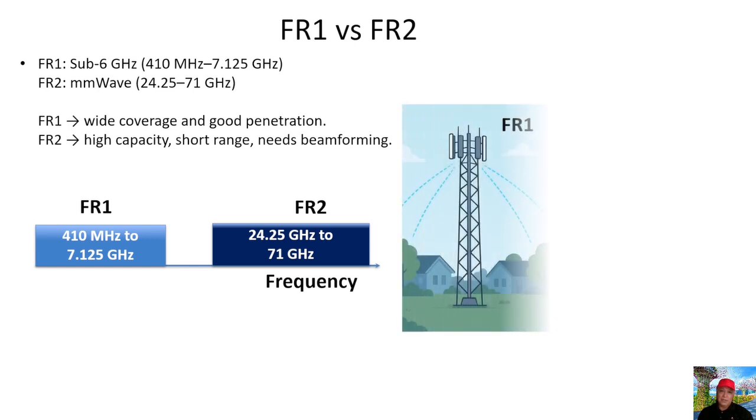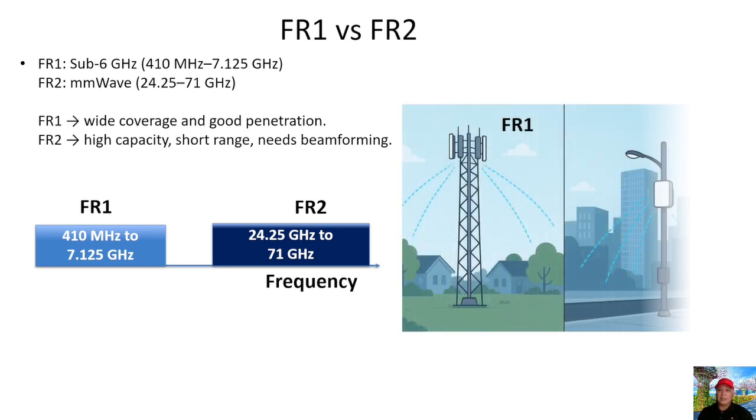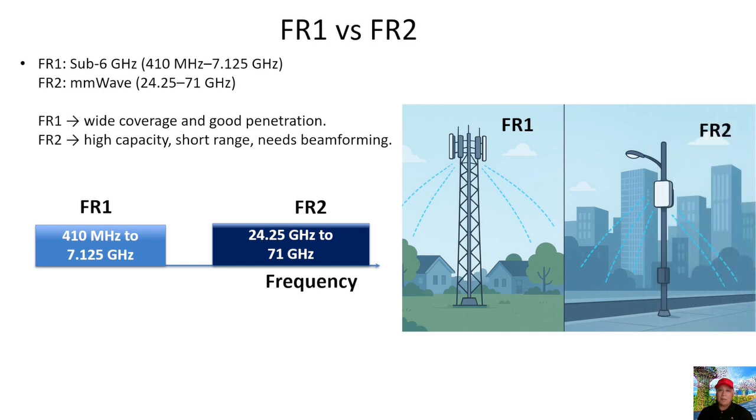FR1 provides wider coverage, better penetration, and compatibility with LTE infrastructure. FR2 offers massive contiguous bandwidth, perfect for multi-gigabit data rates, but suffers higher path loss and requires beamforming for stable links.